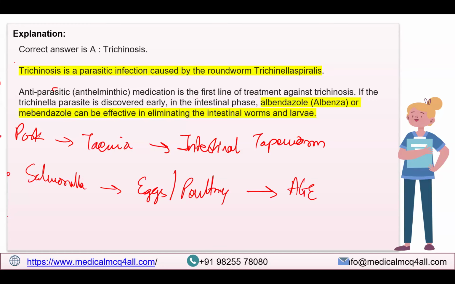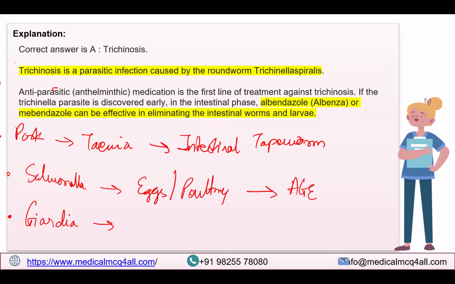And how is Giardia spread? Giardia is what? Is it a parasite or is it what? Parasites. Okay. What is amoeba then? Amoeba is also a parasite.